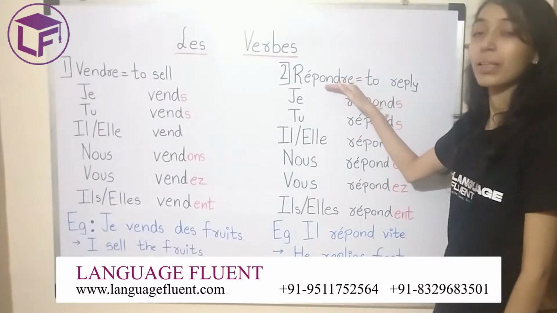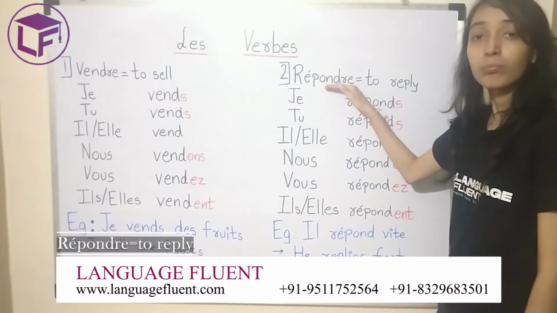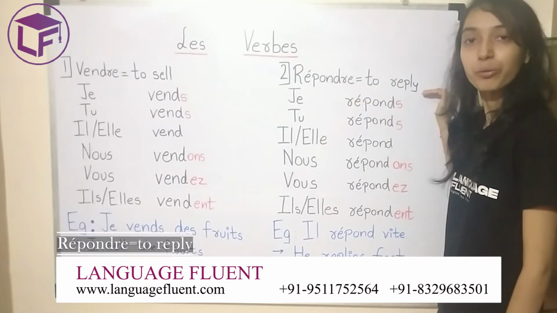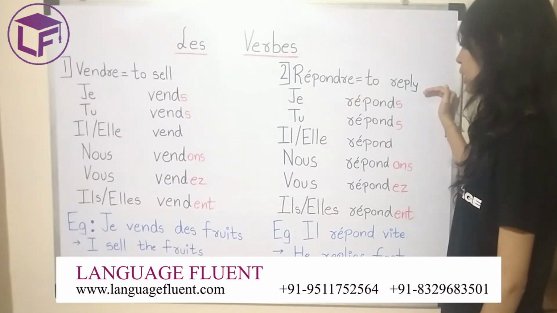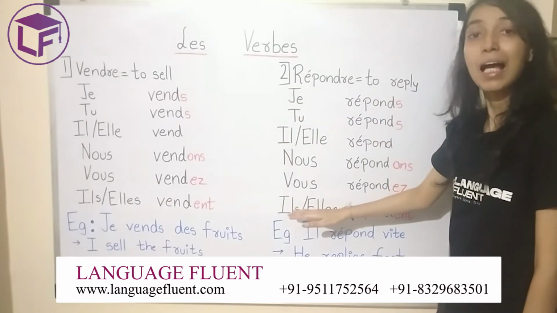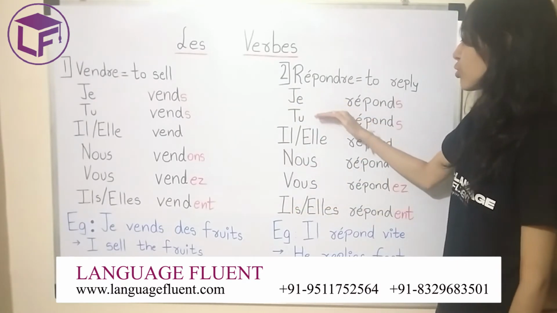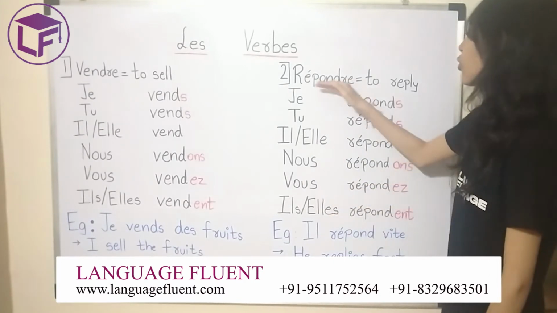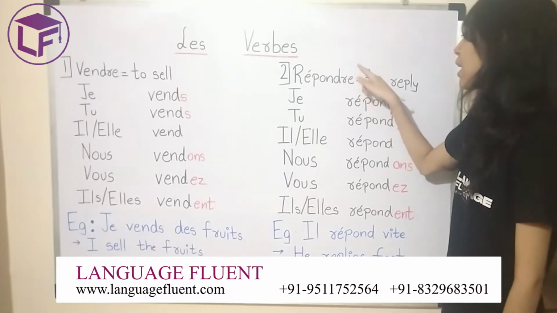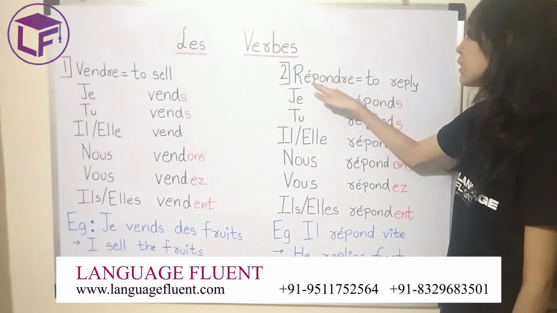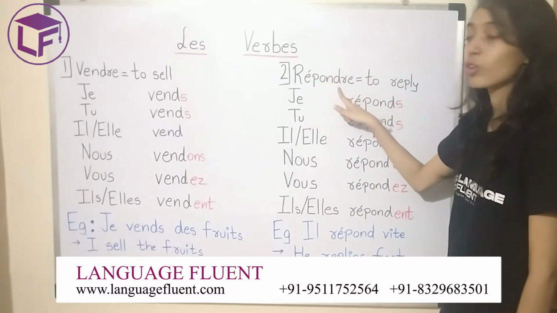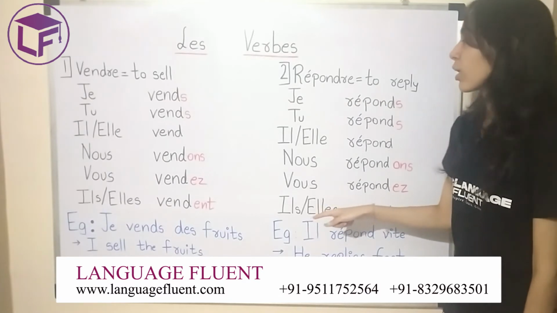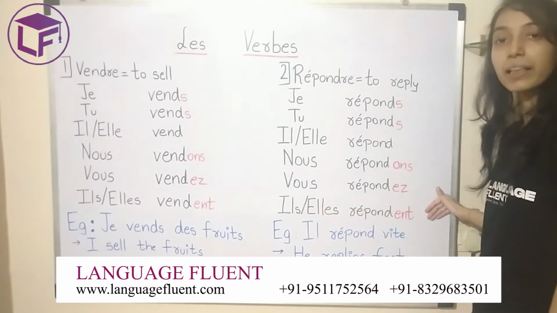The second verb is répondre. Répondre, which is to reply. To reply. We add subject pronouns as they are. Je, tu, il, elle, nous, vous, ils, elles. From répondre, we cut RE and we get RÉPOND. So we write that to each and every subject pronoun. And we add endings.